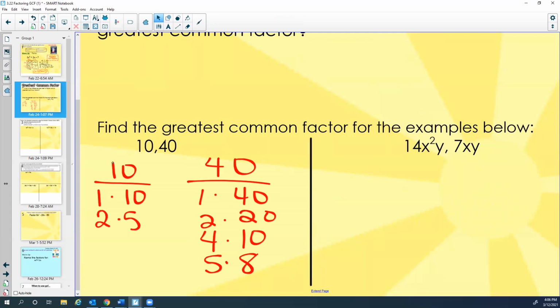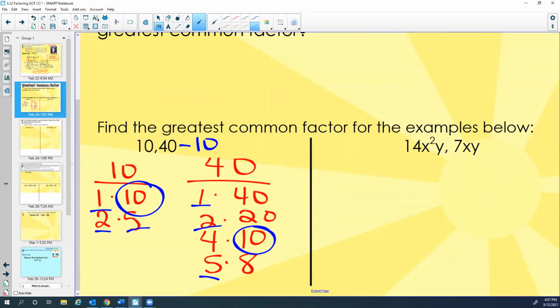Now, when it comes to the greatest common factor, I want the biggest number that they both share in common. Well, the biggest number for 10 is 10. The biggest number for 40 is 10 that they have in common, okay? While they do share the 2's, those are smaller than 10. The 5's are smaller than 10. The 1's are smaller than 10. That's why 10 is the greatest common factor here.